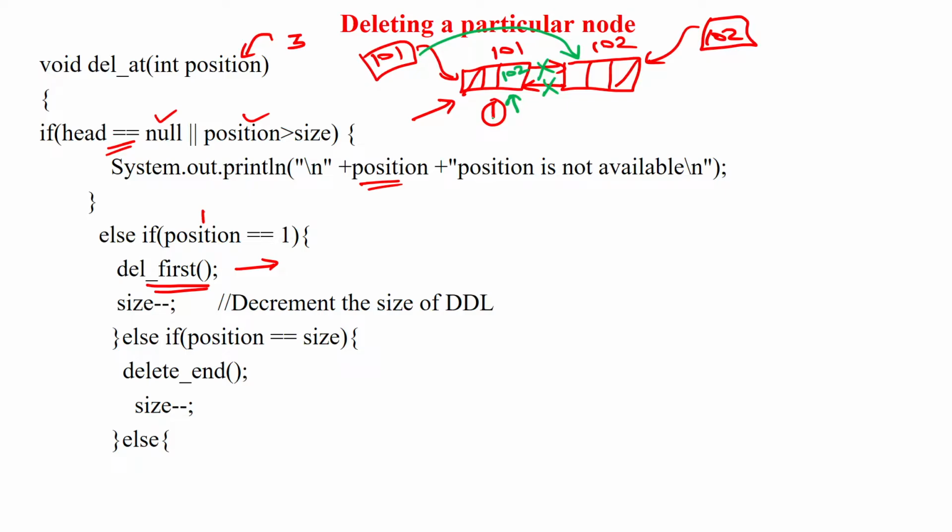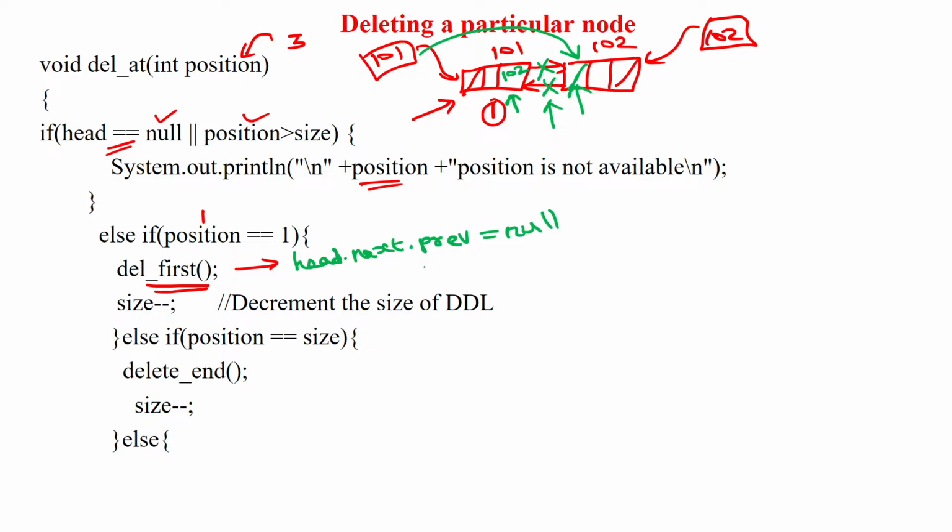Head dot next is 102. Head dot next dot previous is this field, so we should make it null. Head dot next dot previous is null. Automatically this link is broken.